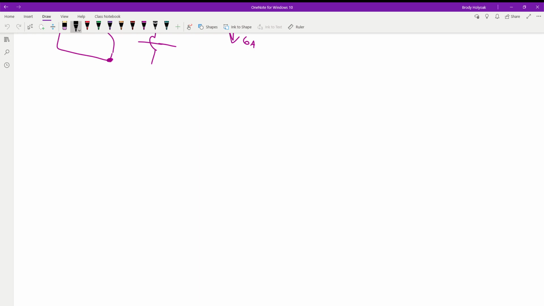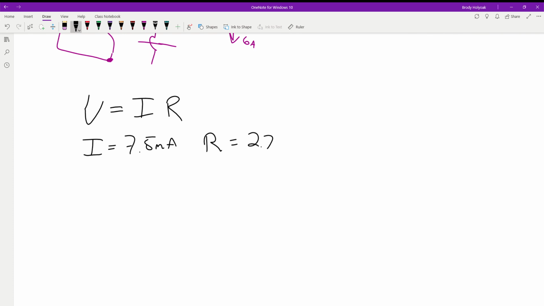So, for example, basic formulas that we have: voltage is equal to current times resistance. This is an equation. Even though it has two variables, it's still considered an equation. So, if our current equals 7.5 milliamps and the resistance equals 2.7 kiloohms, what is the voltage?